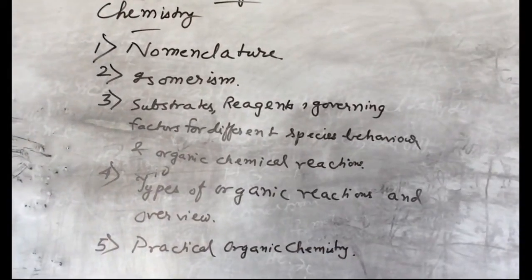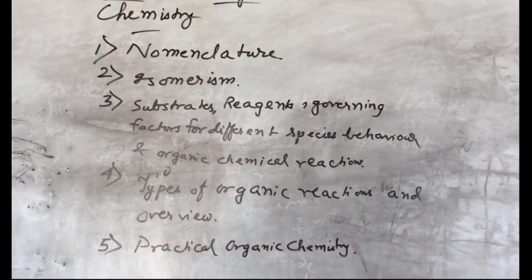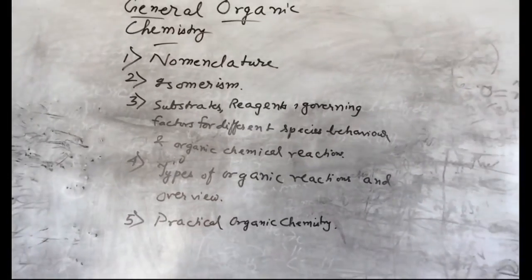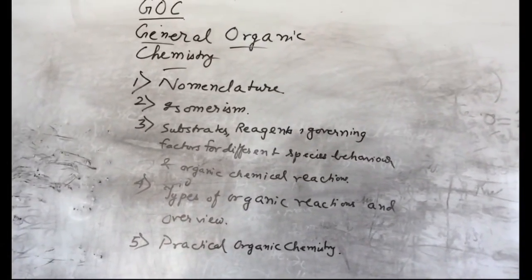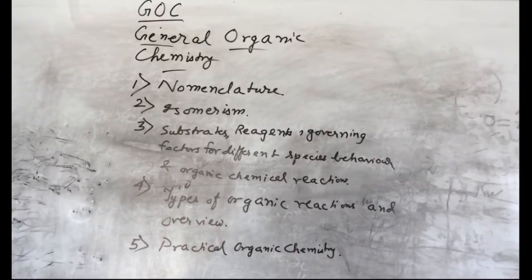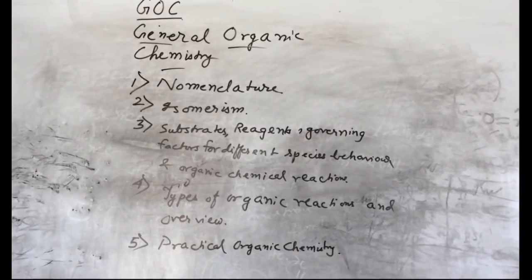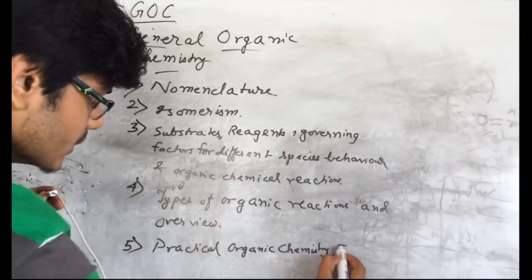This practical organic chemistry, POC, basically includes the qualitative and quantitative analysis of different organic compounds and how to measure them quantitatively, and the tests you will perform in laboratories, all those are included within this POC.